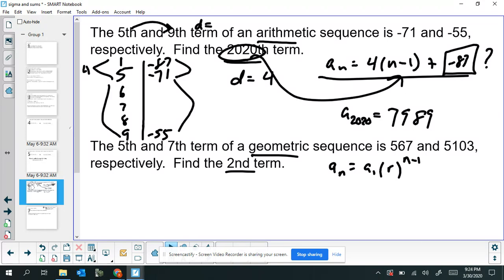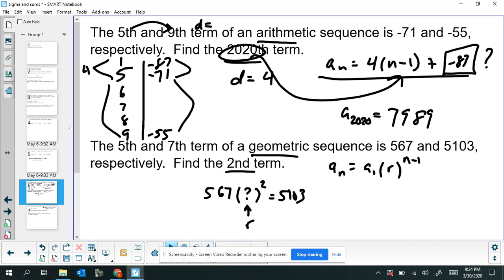I do know the fifth and seventh terms are off by 2 steps, so that's pretty sweet. If I worked with that, I could say 567 times something twice should equal 5103, and that'll give me my common ratio. So let's do a little math on that.